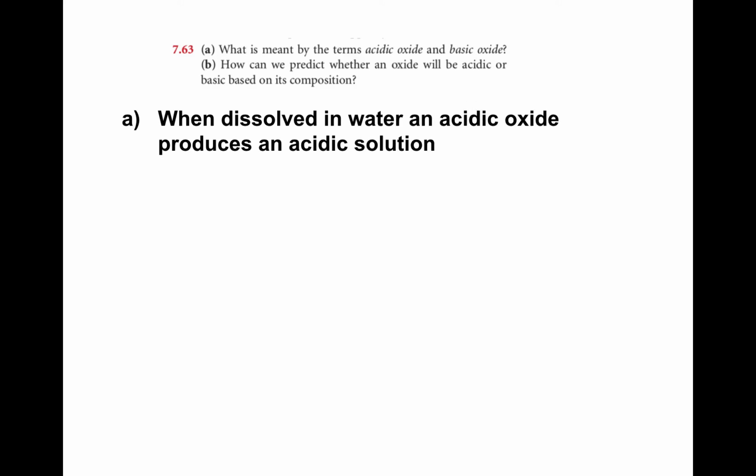What is meant by the terms acidic oxide and basic oxide? Acidic oxides are oxides that form acidic solutions when you put them into solution. Basic oxides make basic solutions when you put them into solution. B. How can we predict whether an oxide will be acidic or basic based on its composition? All right, so oxides of nonmetals are acidic.